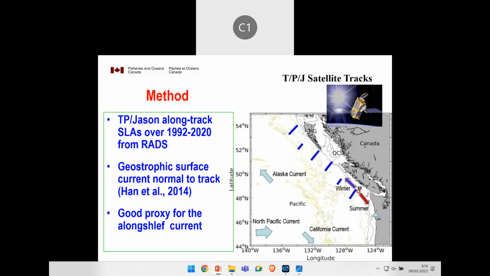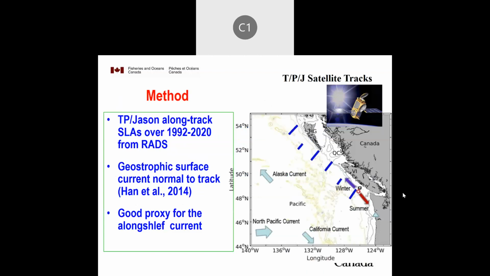We use the TOPEX/Poseidon, ESA-ERS series along-track sea level anomalies for the period from 1992 to 2020, and we derive geostrophic surface current normal to the satellite ground track. On the right here, you can see the blue segments are the selected six ground tracks.